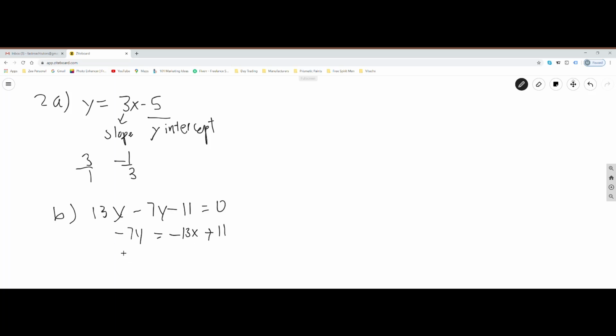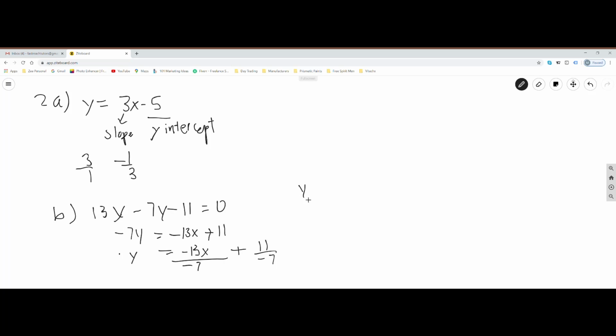And you divide the whole equation by -7, because that's what's in front of the y. So you have y equals -13x over -7 plus 11 over -7.